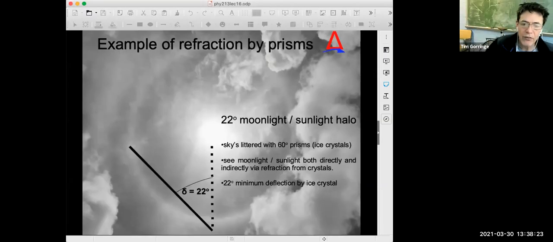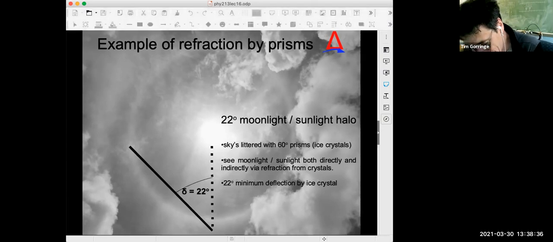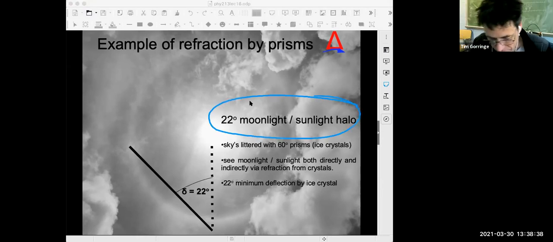Okay, I want to give you an example of refraction now. So the second and last example. So here's an interesting phenomenon. It's best to try this with moonlight.